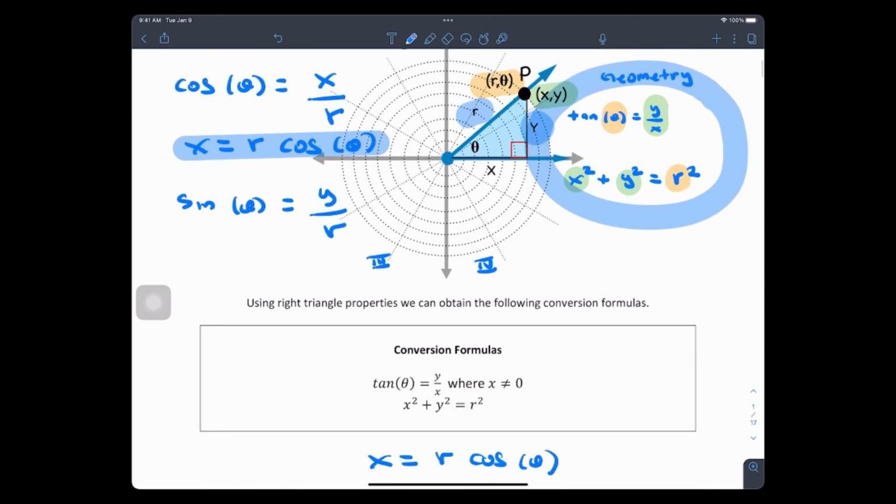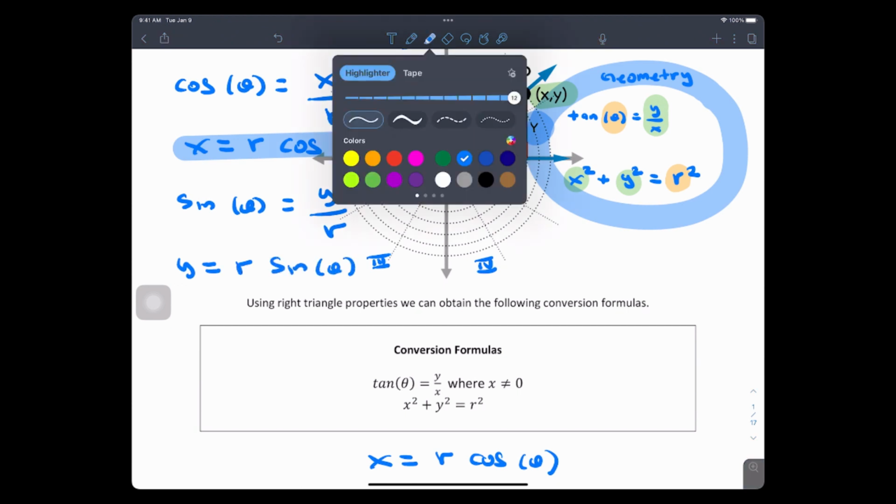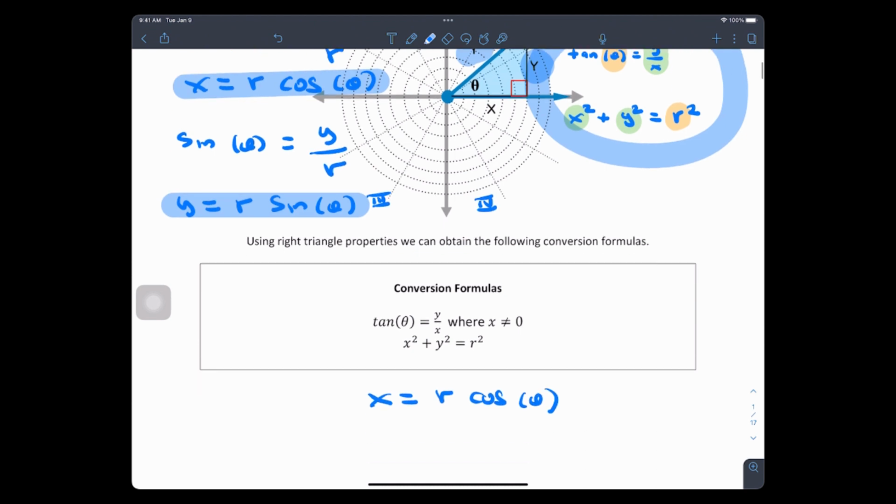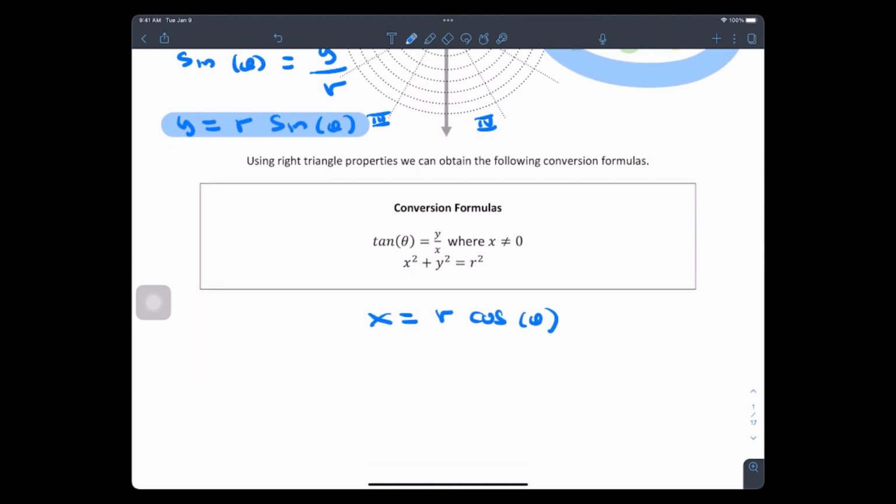So you can solve for Y. So Y is R sine theta. Okay? So I want you guys to put in your notes this. Y is R sine theta.